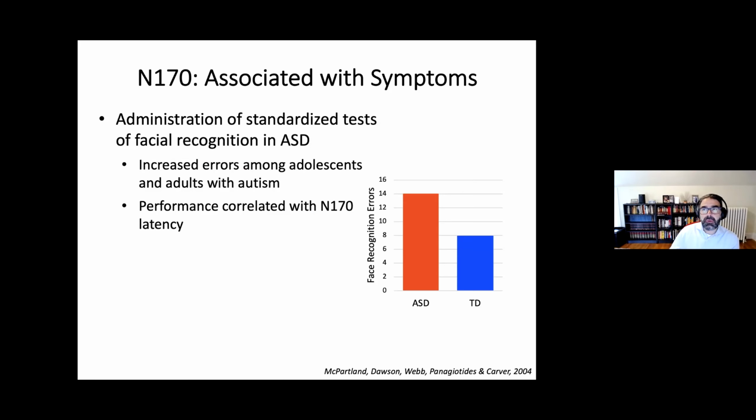We found that people with autism made about twice as many mistakes as the typically developing adolescents and adults, even when IQ matched, and that how good they were at face recognition was related to the speed of their N170. So again, to reference our list, the N170 is also associated with symptomatology and function in a behavioral domain relevant to what we think we're measuring with the biomarker.